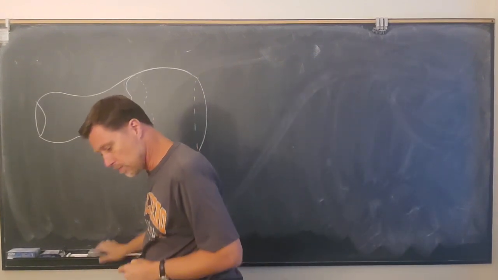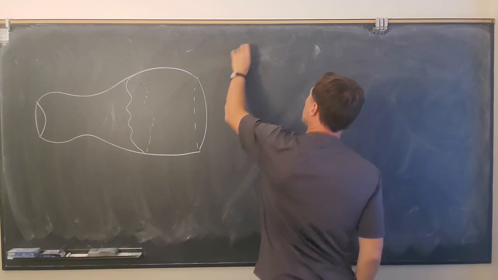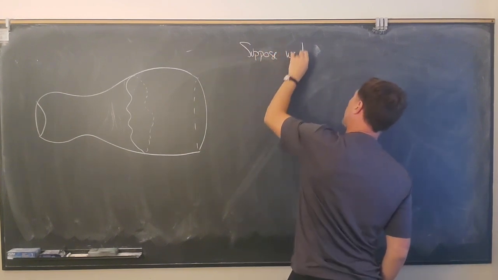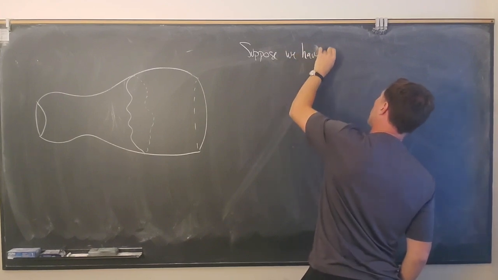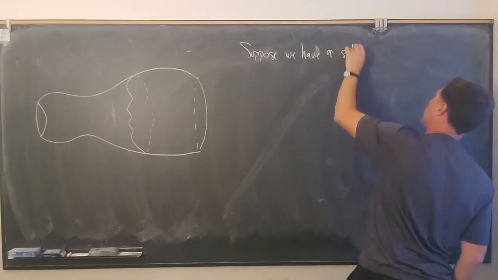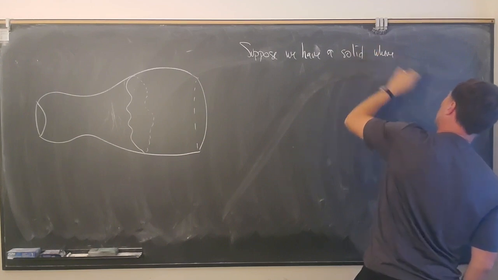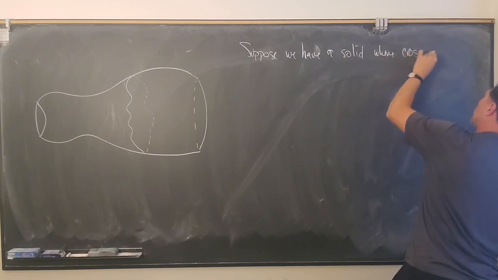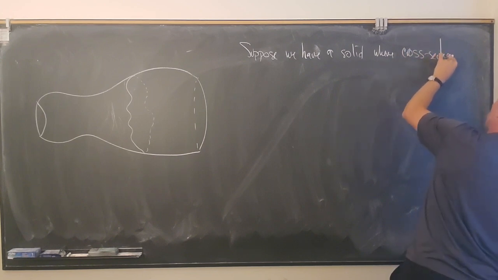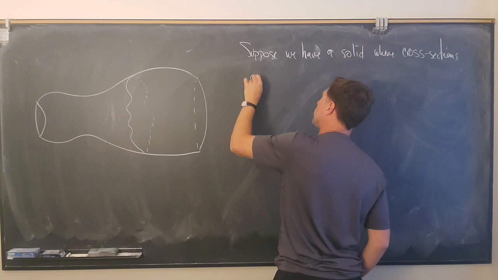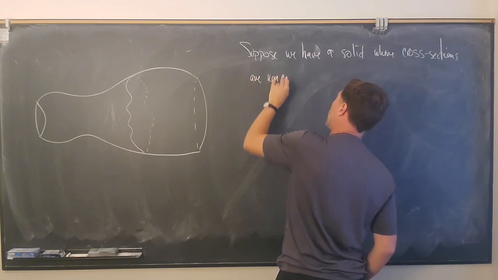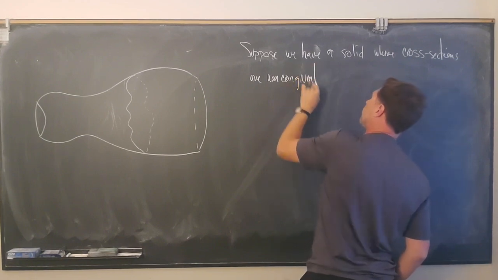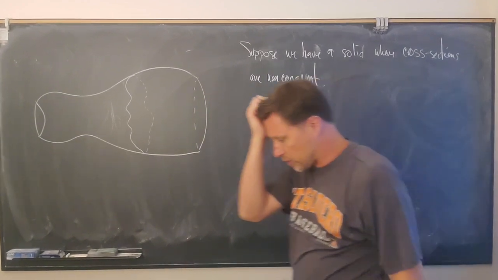Suppose we have a solid where cross sections are non-congruent. And so this is really the situation we want to look at. We've got non-congruent cross sections.